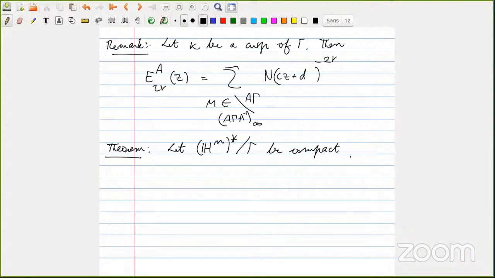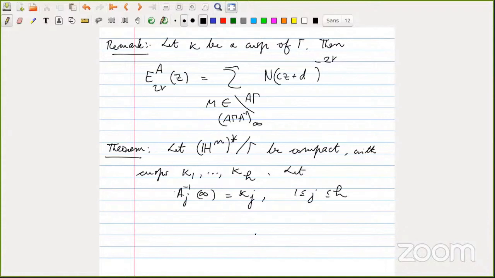So there are only finitely many cusps, kappa 1 and so on up to kappa h. Let us take all of these cusps to infinity: let A_j inverse of infinity be equal to kappa_j for all j, running from 1 to h.